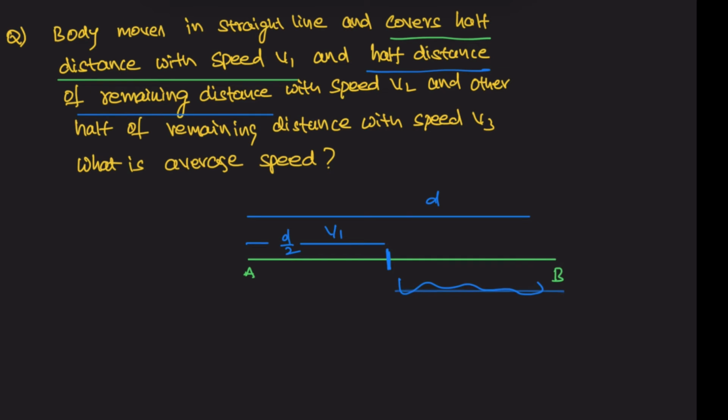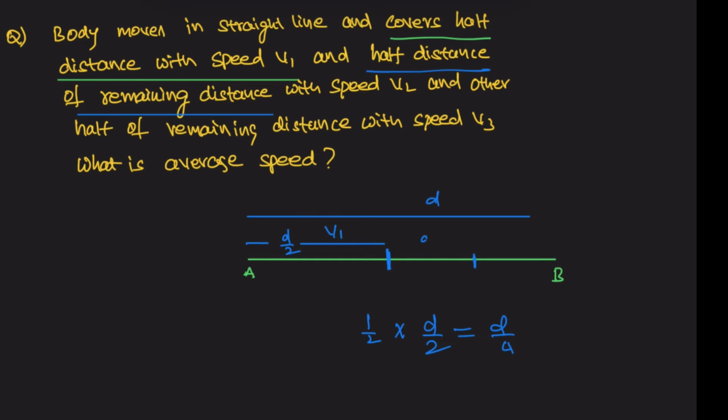So this is the remaining distance. In this remaining distance, I take another midpoint, the half of the remaining distance. The remaining distance is D by 2, so half of the remaining distance means D by 4.